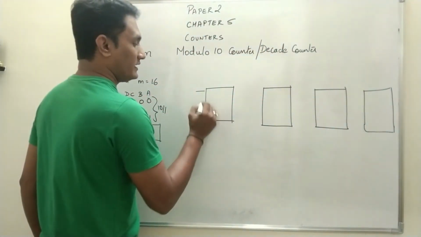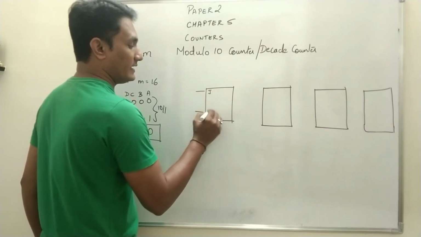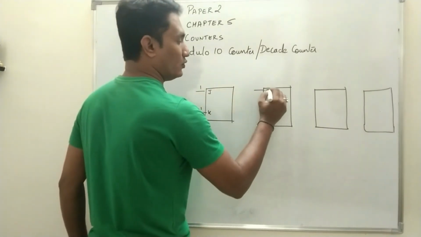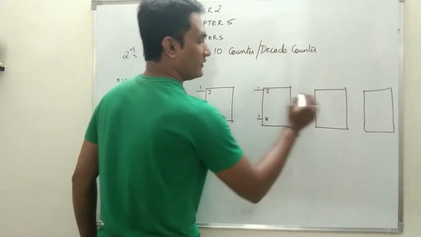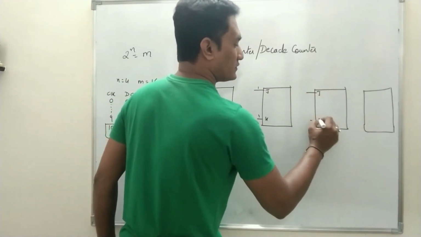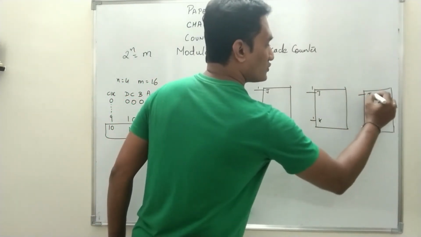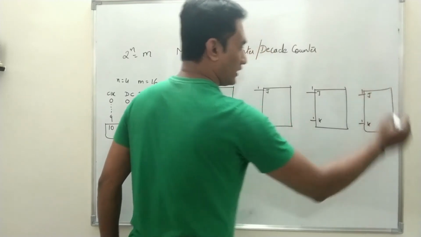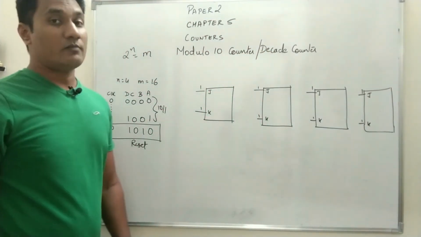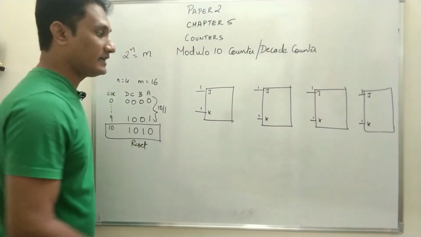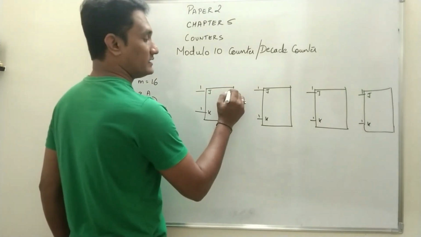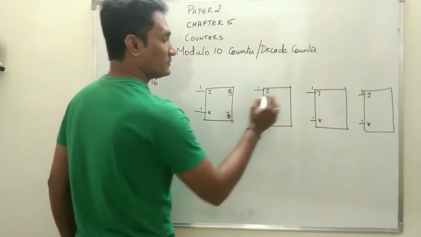If you are working in toggle mode, that means J and K both should be connected to 1 for all the flip-flops, so that the flip-flop works in toggle mode. And if you remember, toggle means if initially it is set, it will become reset, or if it is initially reset, it will become set.